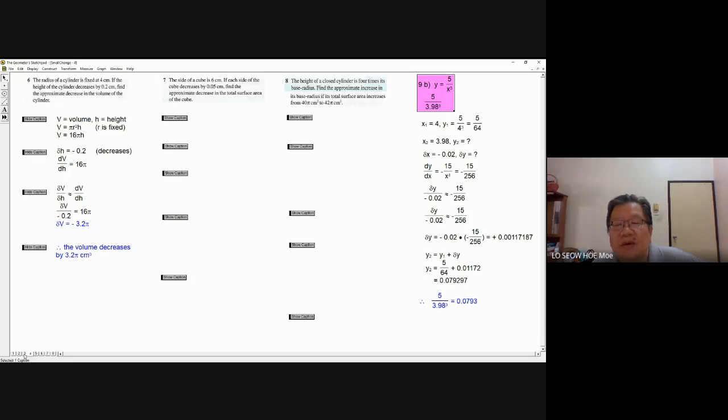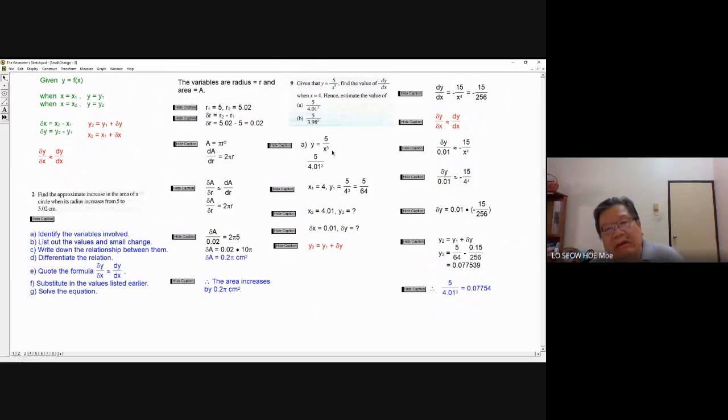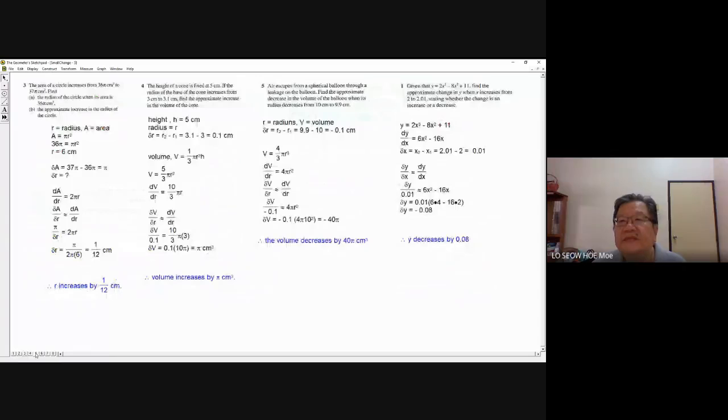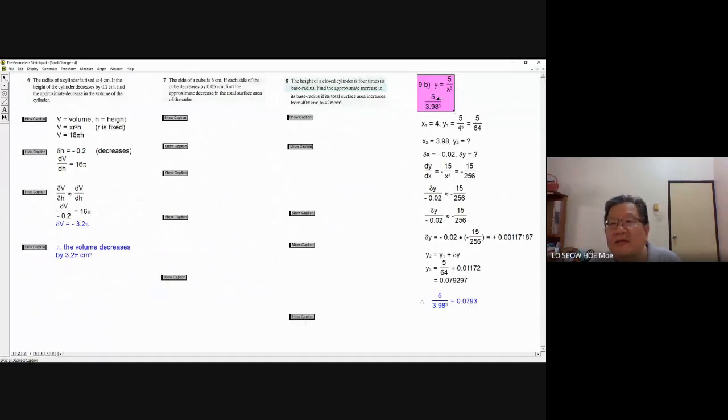Same relationship, but they substitute different values now. Instead of asking you to find the approximate value of 5 over 4.01 cubed, they ask you to find 5 over 3.98 cubed.